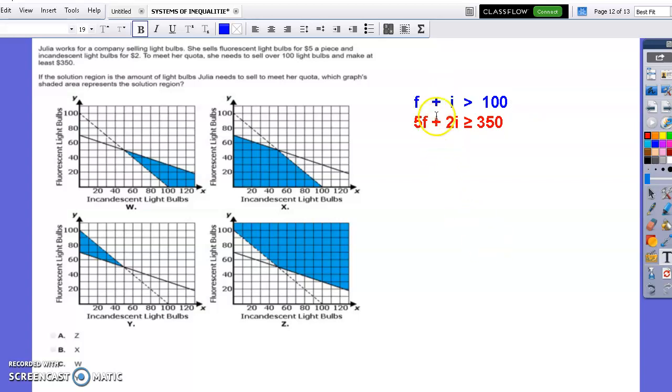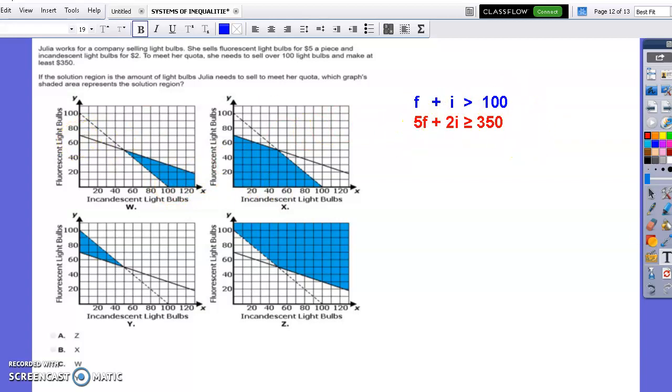So these are our two inequalities. So we have to see where the system is. Basically, all we are looking for now is a dashed line and a solid line. So for each choice we have a dashed line and a solid line. So this top one, our dashed line is the blue and the solid line is our red.